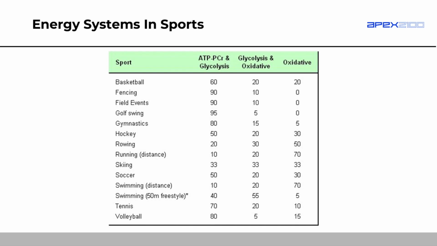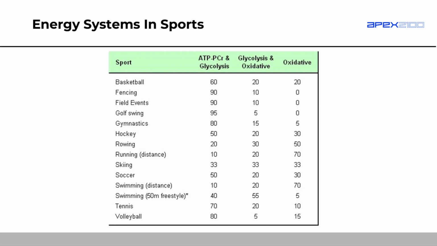Field events at the top. So field events, think your long jump, high jump, javelin, pole vault, very much phosphagen and glycolytic, very much short duration, high intensity, versus running. If we're looking at distance running, that's very orientated towards the oxidative system, so 70% within that oxidative system.